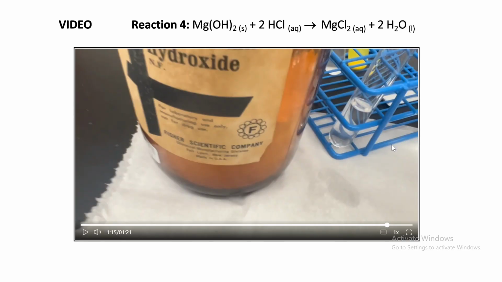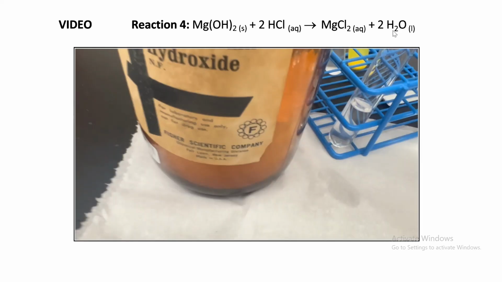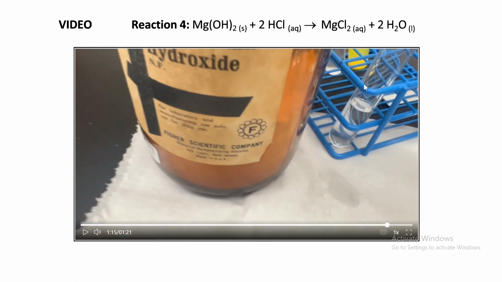And another way we can know that this is a chemical reaction, if we boil off the water, we are not going to get back our magnesium hydroxide, which is also going to prove that a chemical reaction has occurred. And also, we have magnesium chloride aqueous solution.